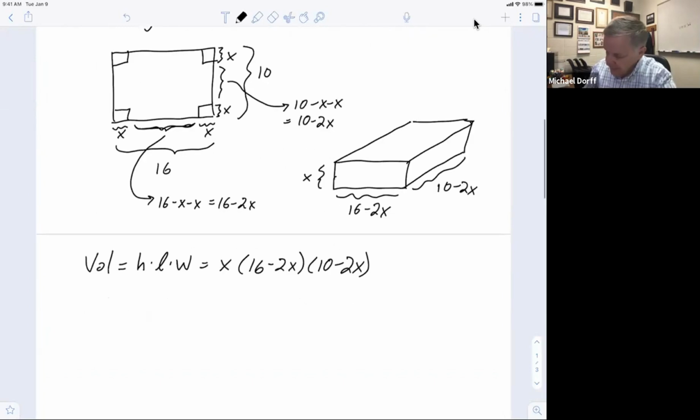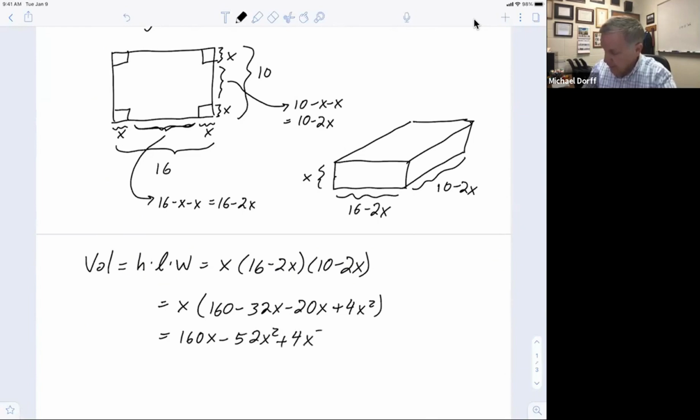I can multiply these together to get a polynomial. First I'm going to multiply the 16 minus 2X and the 10 minus 2X. It's going to give me 160 minus 32X minus 20X plus 4X squared. Now if I combine the negative 32X and the negative 20X, and then multiply everything by X, I'm going to end up with 160X minus 52X squared plus 4X cubed.